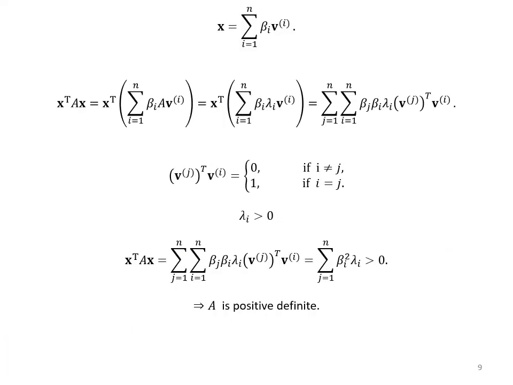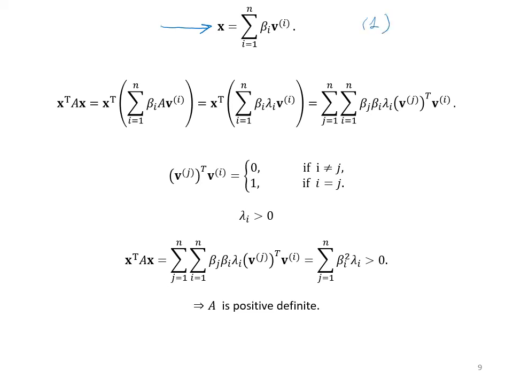In other words, our vector x can be represented as a linear combination of vectors vi multiplied by constants beta i. Let's say this is expression 1.